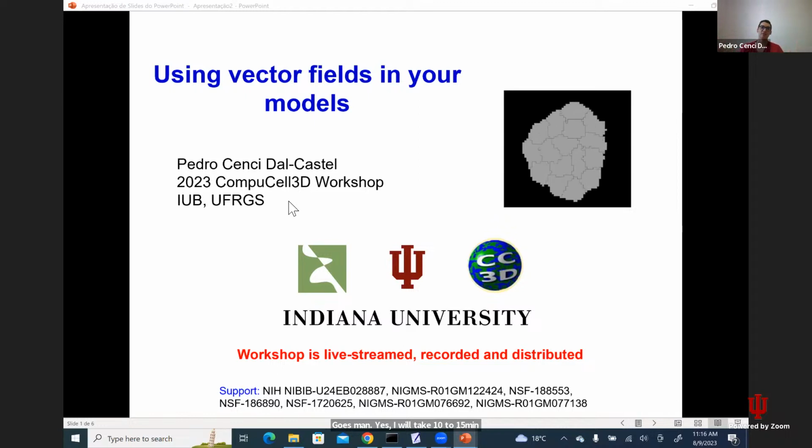So Gilberto was teaching you how to use vector fields to visualize things in your simulation. For example, if you have cell polarization in your simulation, you can use vector fields to visualize the polarization.